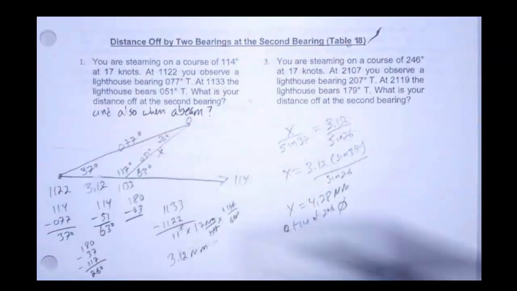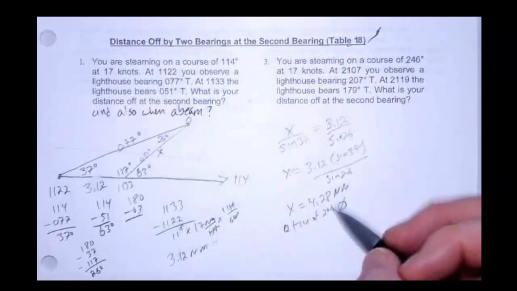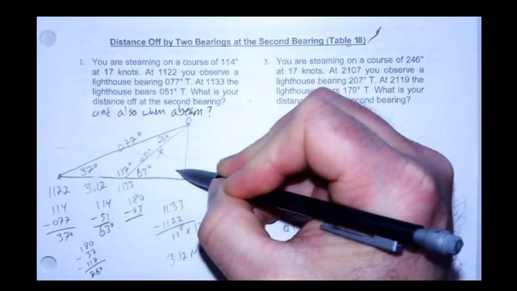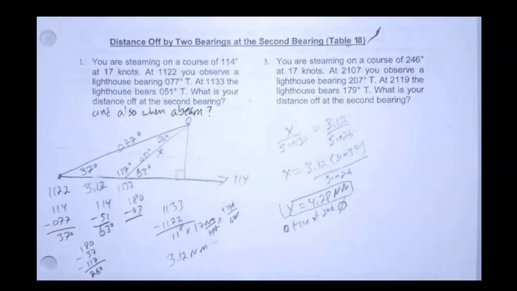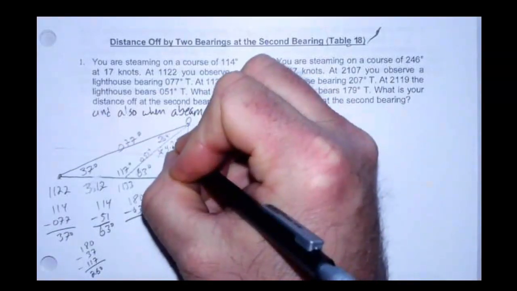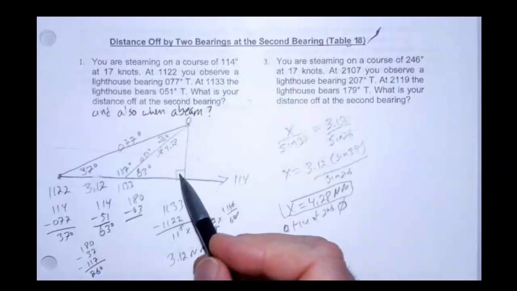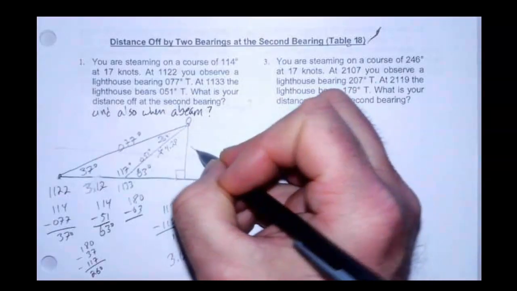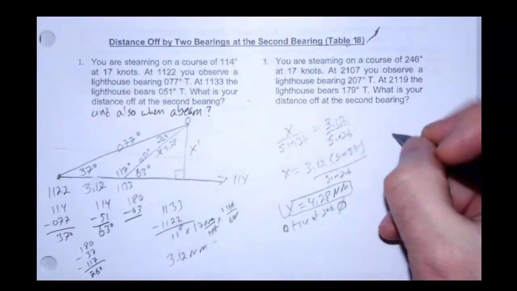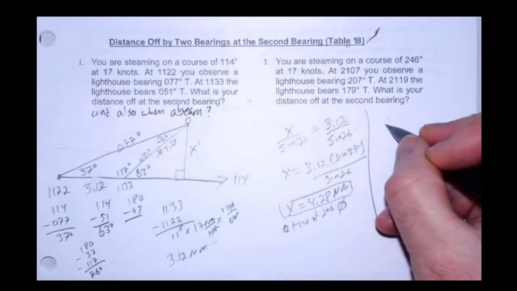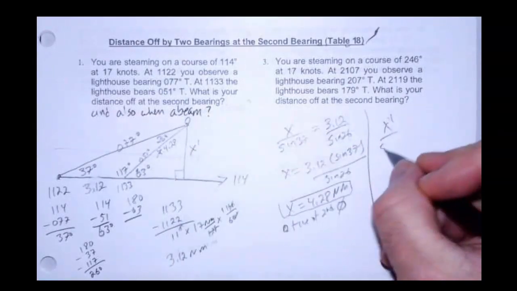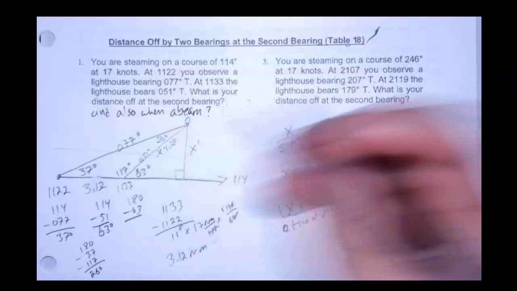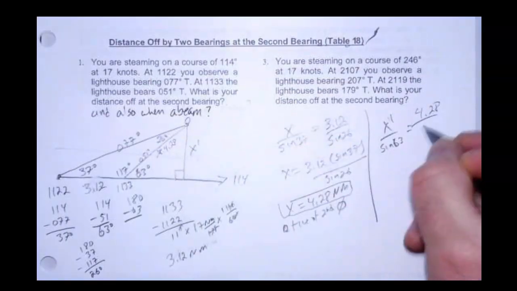Now, that's the first half, so that's one answer. I also want to know the time abeam, which is going to be here. Now I know that this leg, this x, is 4.28 nautical miles, and I know this angle is 90, that's the angle opposite the 4.28. And I have this angle is 63, and now this is x prime. So to calculate x prime, the distance off when abeam, x prime over sine of 63 equals 4.28 over the sine of 90.